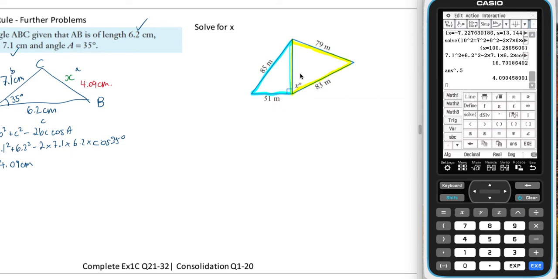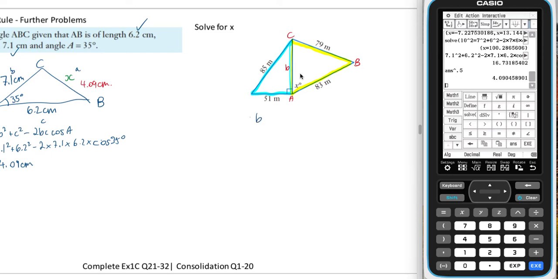So let's figure out, I have the hypotenuse here, and if I call that A, B, and C, we're going to call this small b. So let's figure out that side. We know Pythagoras, to find the shorter side, is b squared is equal to the hypotenuse squared minus the shorter side squared.